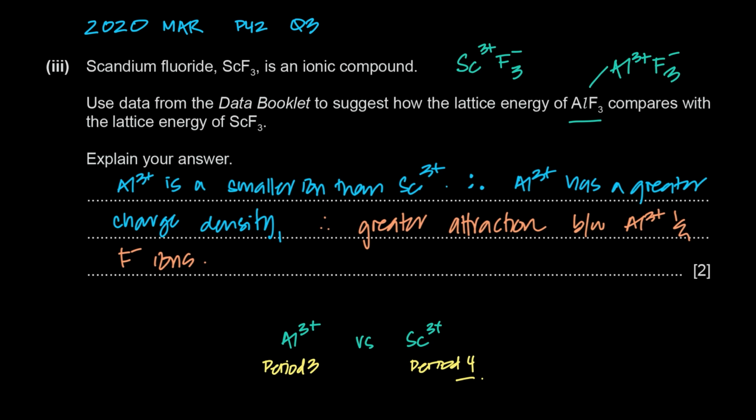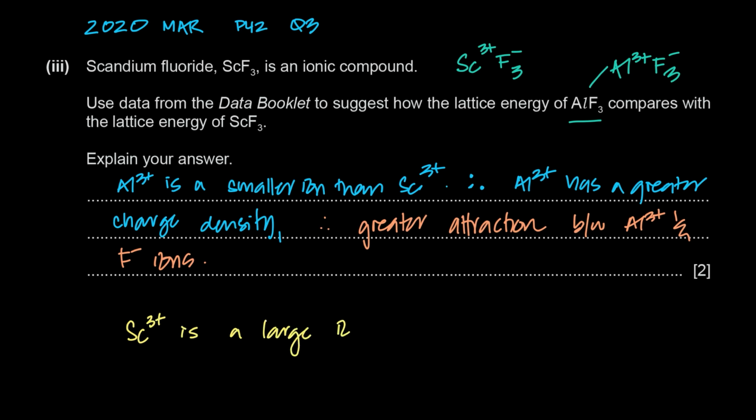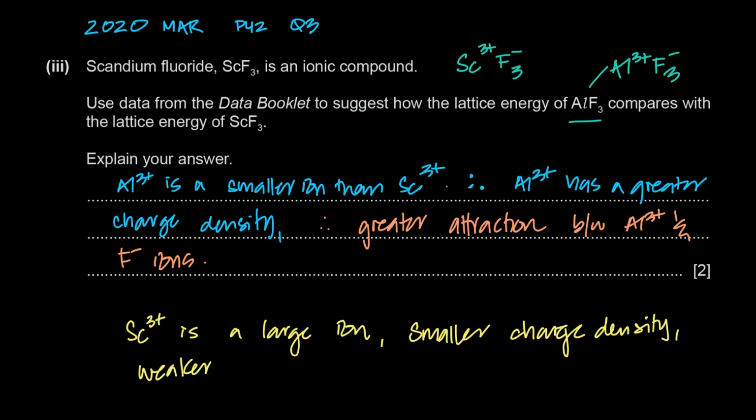Now, if you were to give the answer in terms of scandium, you would say the opposite, right? So you'd say scandium is a larger ion, therefore smaller or lesser charge density, which means weaker attraction between scandium 3 plus and F minus.